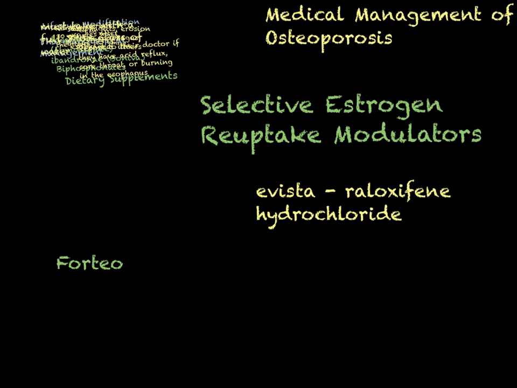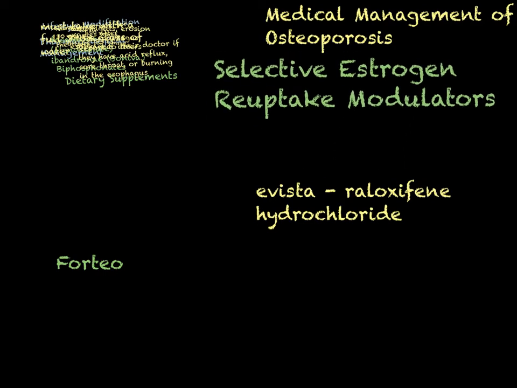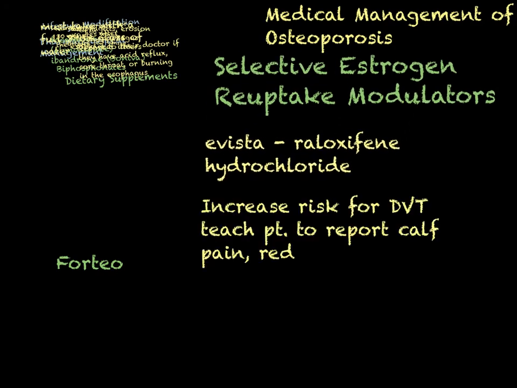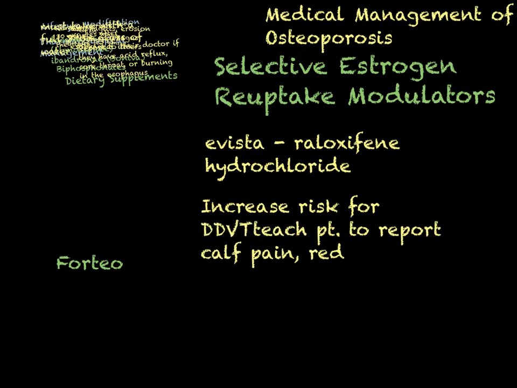So, what are the main nursing considerations for this? Let's make some space here. Nursing considerations. Okay, they increase the risk for DVT. Whoops, sorry, not DVT. My goodness, what's wrong with me today? DVT, deep vein thrombosis.